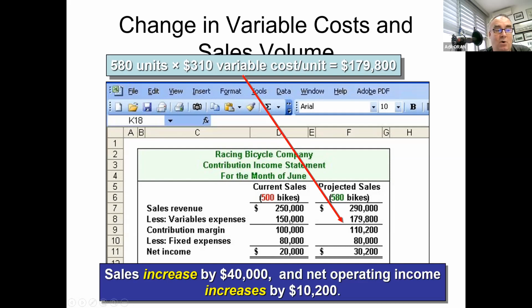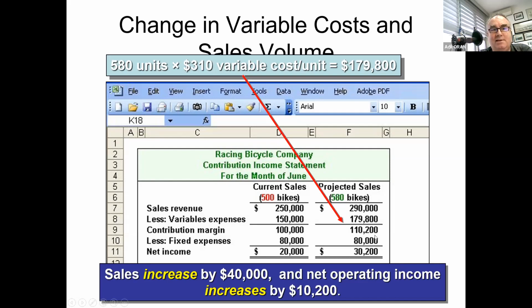So it doesn't just go up by 80 times 300, but the variable expense per bicycle has become $310 for all of them. So 580 times 310 is the new variable expense. Contribution margin used to be 100,000. It has now become 110,200.